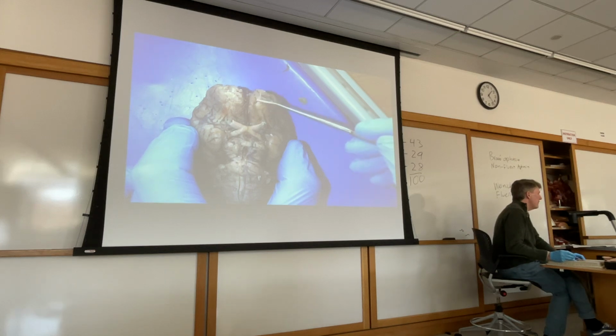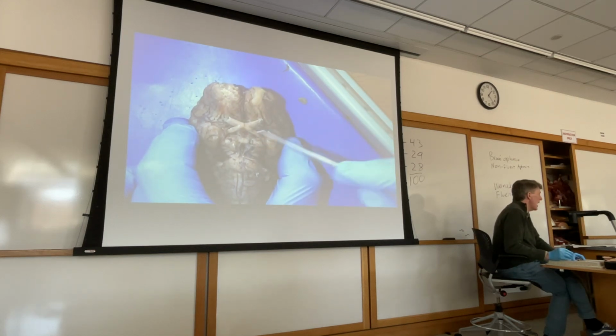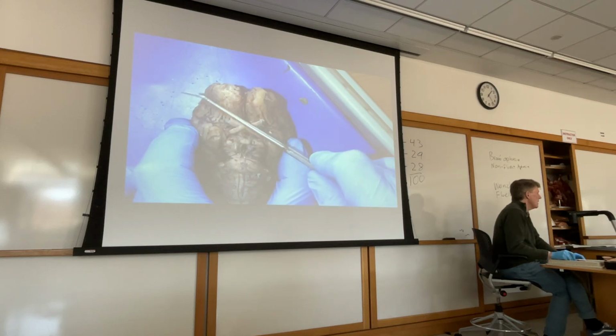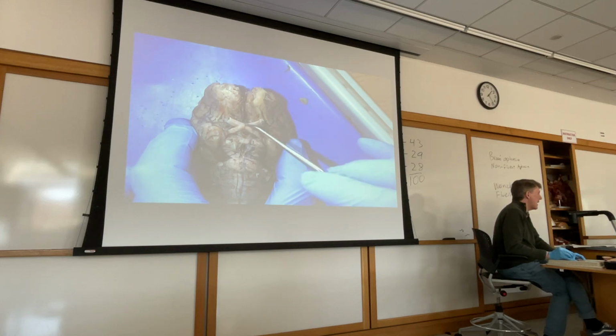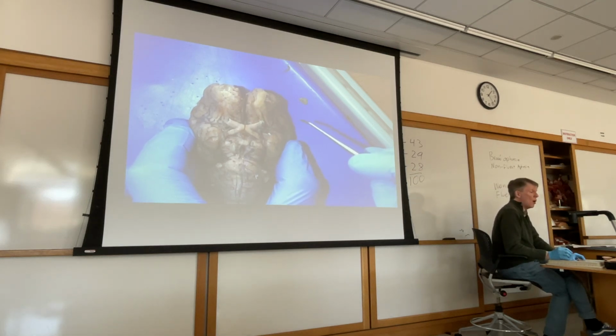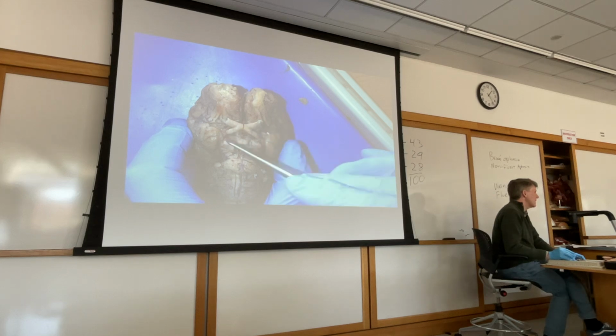So you should be able to identify that. This thing, which you can actually see on the sheep brain better than the plastic model, that's that X-shaped thing. That's called the optic chiasm. That's the spot where cranial nerve number 2, which is your optic nerve, which connects to your eyeballs, crosses sides, okay, at that optic chiasm.